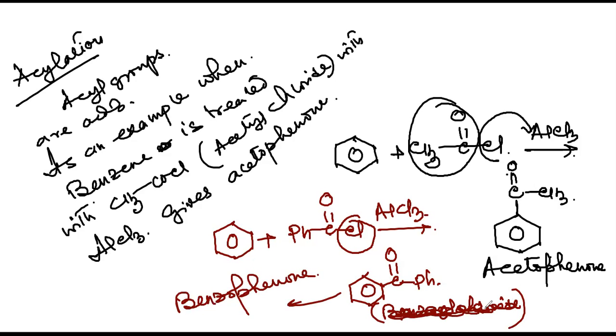Actually, an acylation reaction is more easy than alkylation, because in case of alkylation, you should see the stability of the carbocation. But in case of acylation, there is no need to see the stability of the carbocation. You can just remove the halogen and add the rest of the part with the benzene ring.